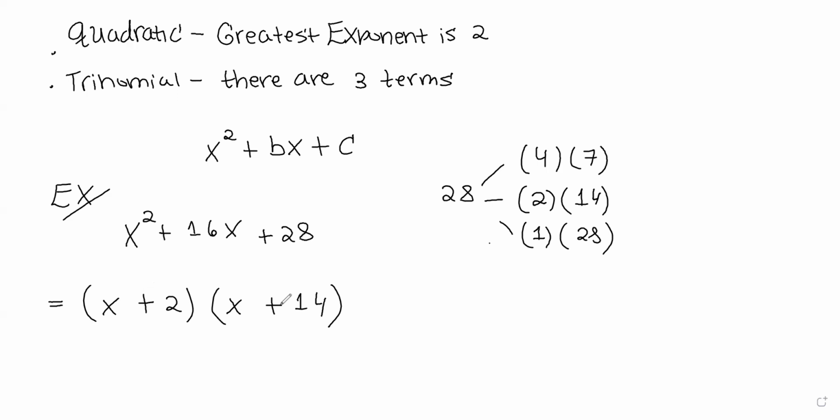Let's look at another example. Suppose you had x squared minus 13x plus 42. Well, I know that my quadratic trinomial should factor as a product of binomials. Now, here's something we didn't really talk about yet.